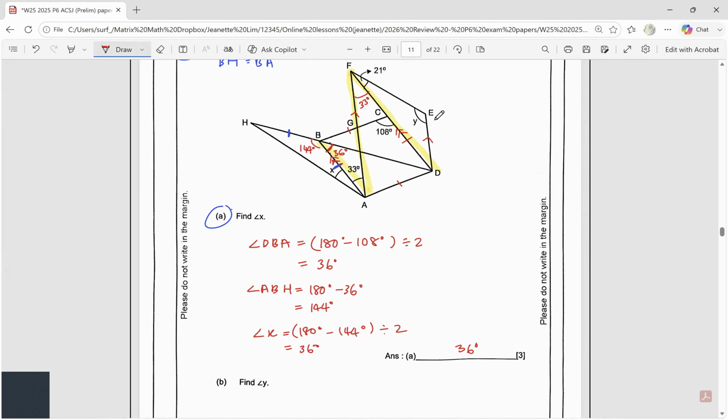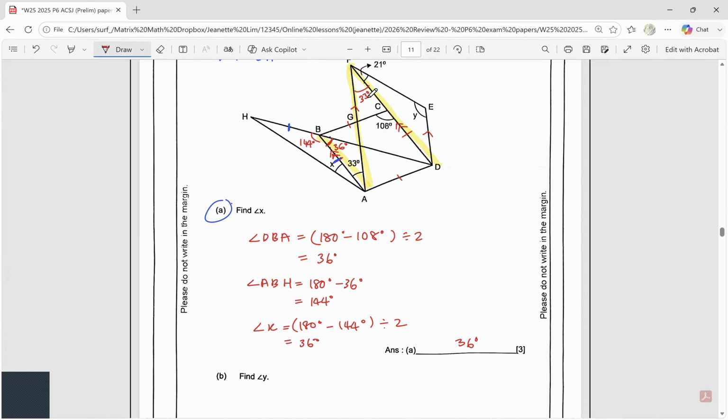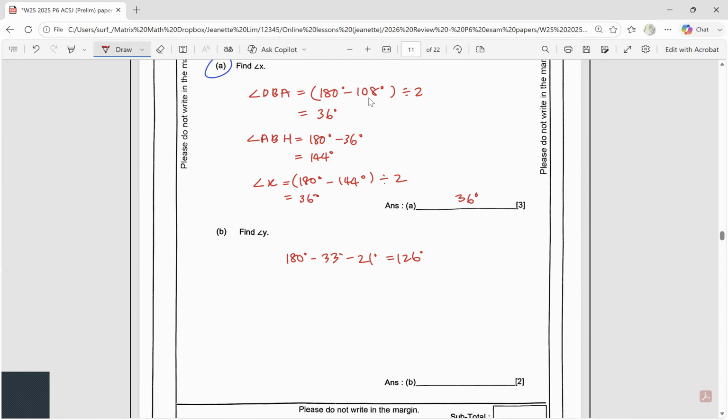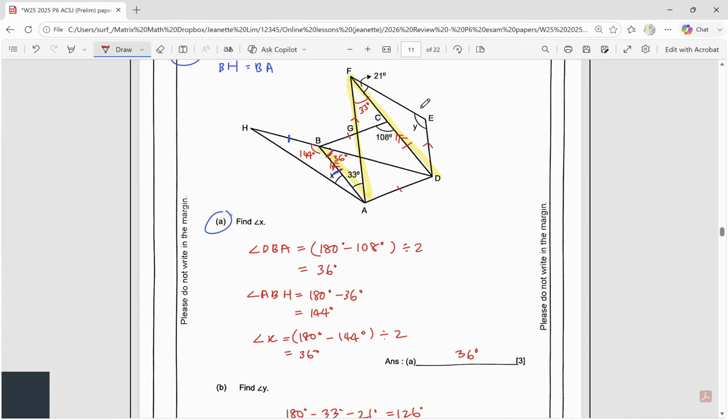Angle Y is 180 minus that. Okay, so I'm just going to take 180 minus 33 and 21. So answer 126 degrees. Okay, so 180 minus 33 and 21.